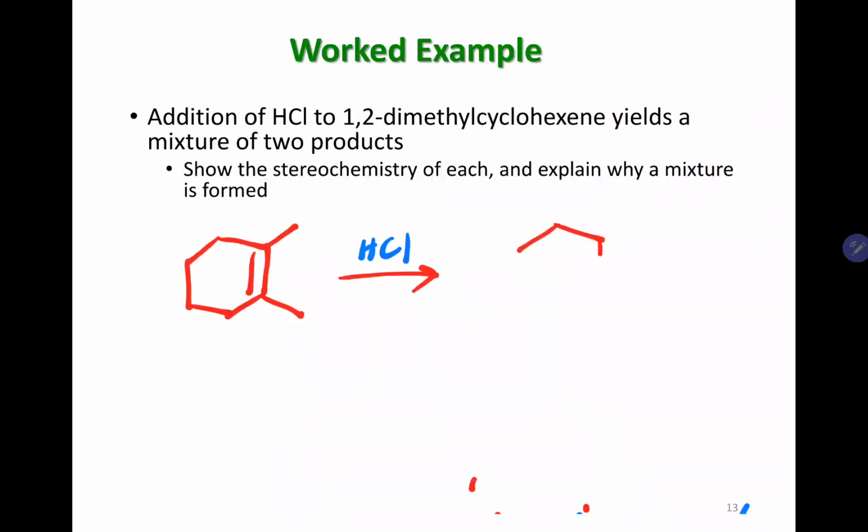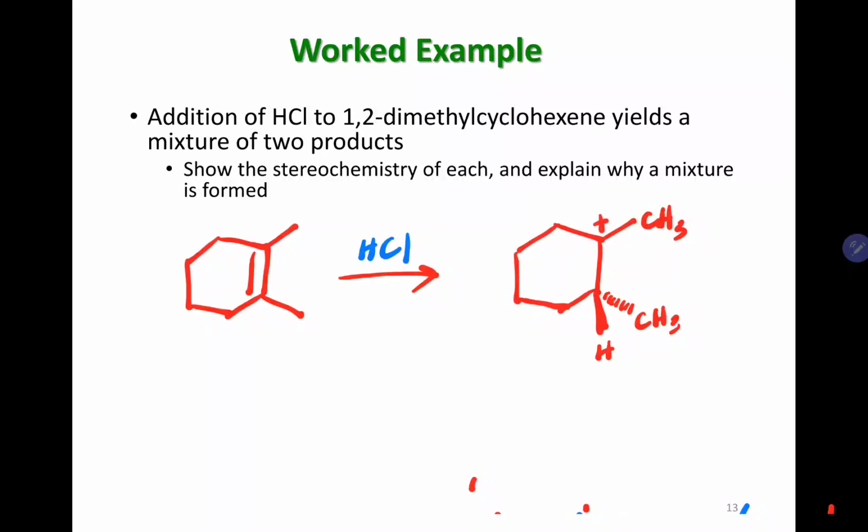So here is our hydrogen on this carbon, here's the CH3 group, and this carbon also has a CH3 group, and then it has a carbocation.